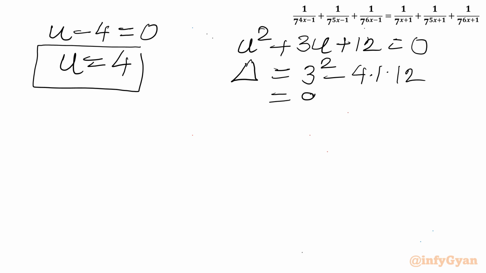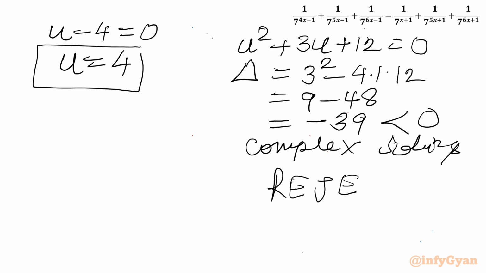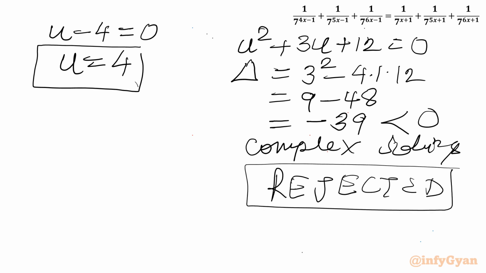This will give us 9 − 48, and this value is −39. Discriminant is negative, we will get complex solutions. So I will write here rejected. So we have to accept only u = 4.